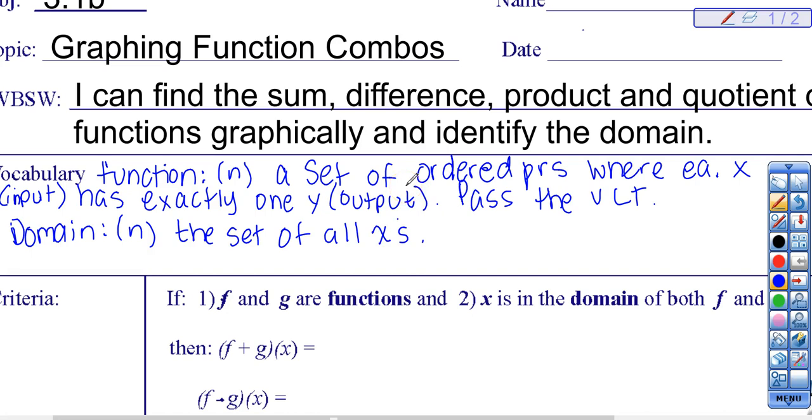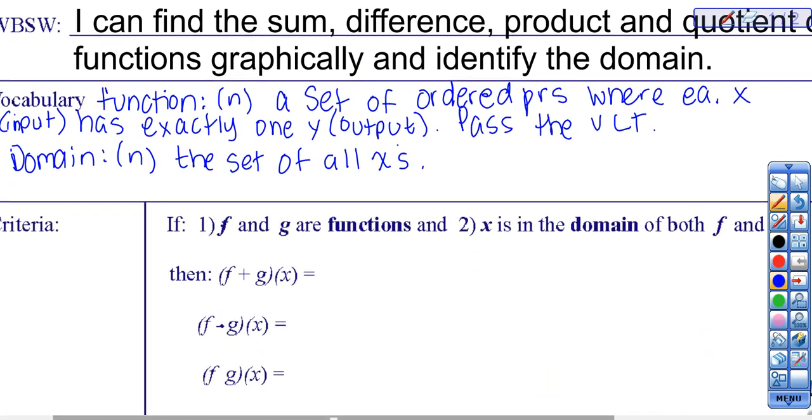So we're talking about a function where you have a set of x's and y's where each x has a y. And then the domain is just what are the x's. We're not going to talk about the range today. Okay. So today what we're going to be doing is we're going to be adding and subtracting these things graphically.